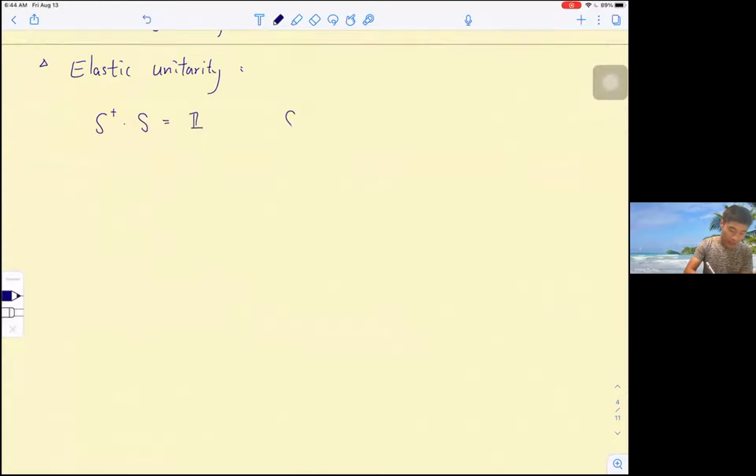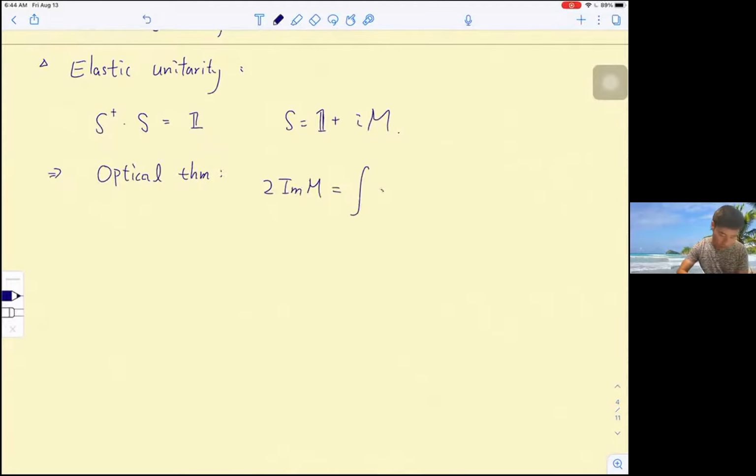So if I use S equal to the usual identity plus iM, then this simply turns into the optical theorem: two times the imaginary part is equal to the phase-space integral of M and M star.